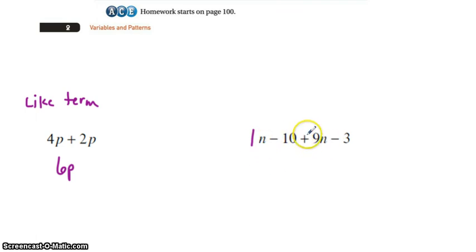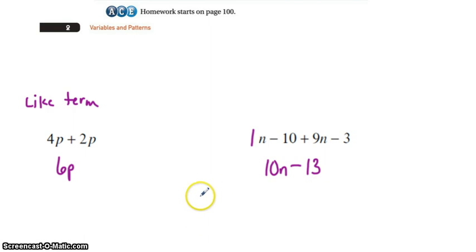Together that means we have 10 groups of n. Now, there are 2 subtraction signs here, so we're going to leave a subtraction. We are subtracting 10 and subtracting 3, so altogether we are subtracting 13. The simplified version of that is 10n minus 13.